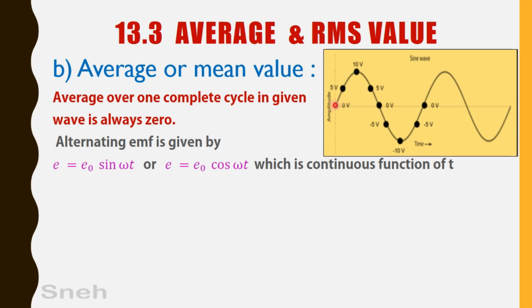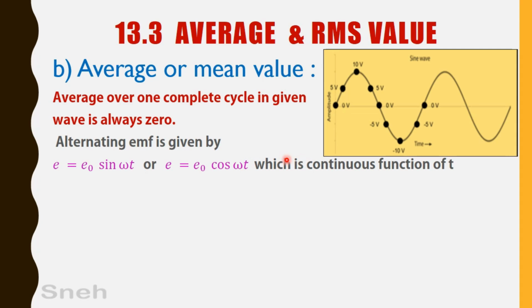What is capital T? Capital T is the time required for one complete cycle. So from this position to this position, whatever is the time duration between these two, that is nothing but time period, capital T, and omega is given by 2 pi by T. Now here I can see that E is a continuous function of t.